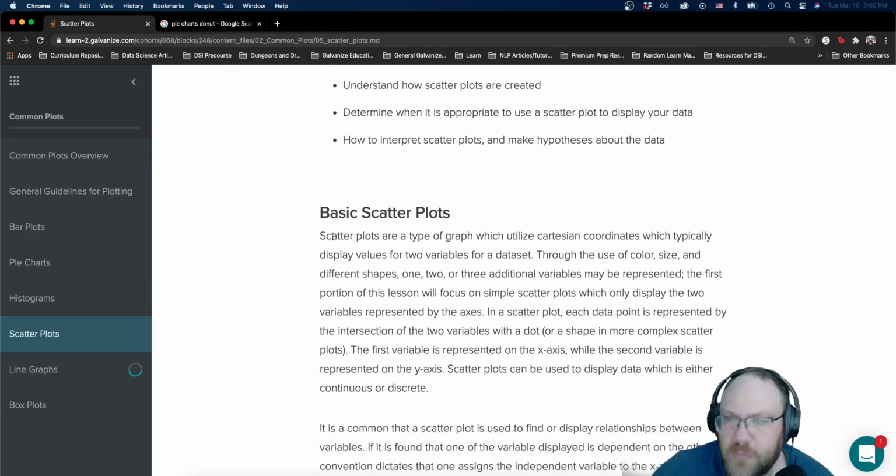Now, a scatter plot is a type of graph which usually utilizes Cartesian coordinates, and typically we're talking about displaying values for two variables of a data set, or maybe one variable spread over some period of time, right?